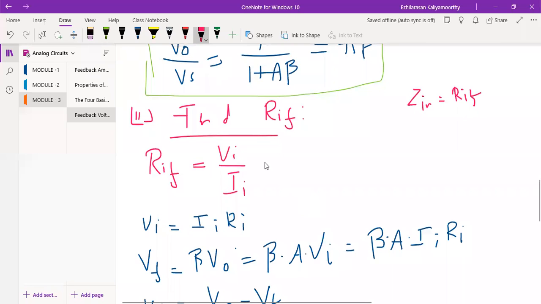This is nothing but the input resistance.